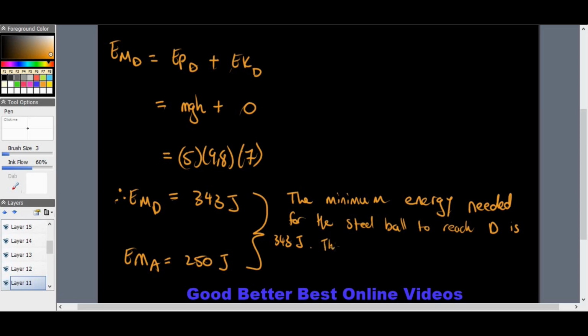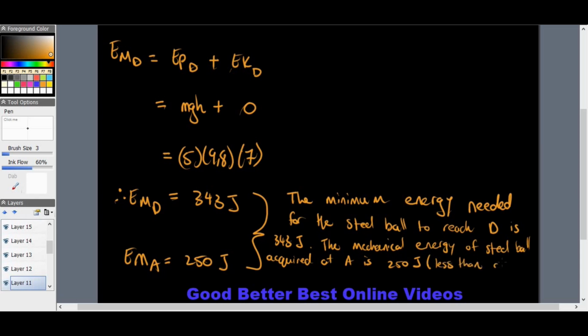The mechanical energy of the steel ball acquired at A is 250 joules, less than at point D. Therefore, the ball won't reach point D. Alright, and that's our final answer for 5.3 for 4 marks. We get a mark for the calculation, and then we get another 3 marks for stating all this.